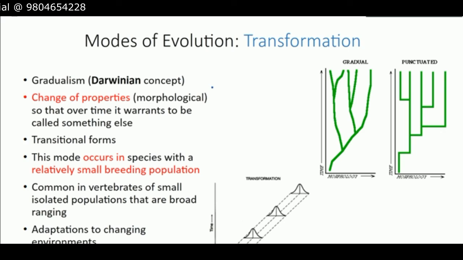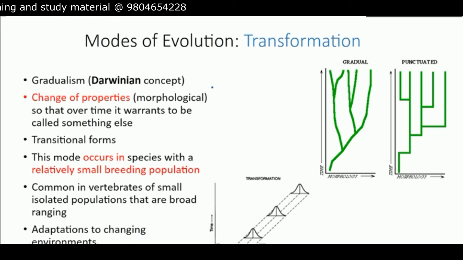That's one thing. Once it's selected, that individual will get the chance to reproduce, and as they reproduce, they produce more and more similar offspring. So transformation means change of properties, so that over time it may be called something else.